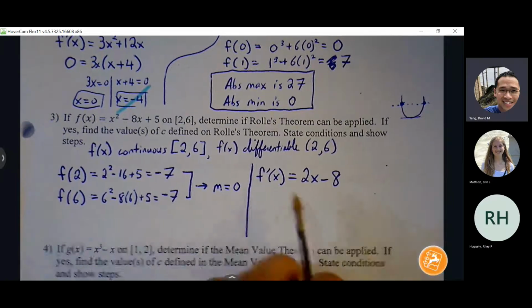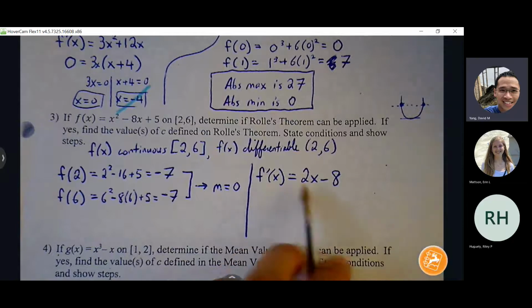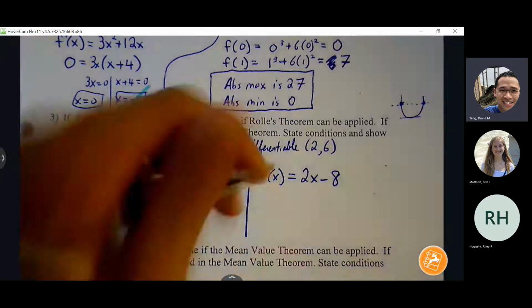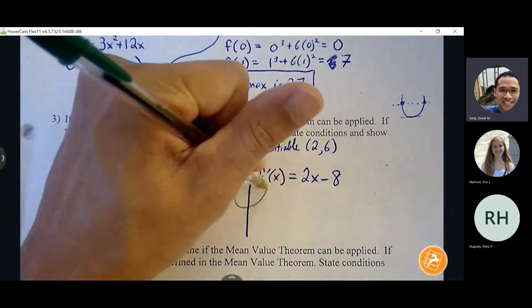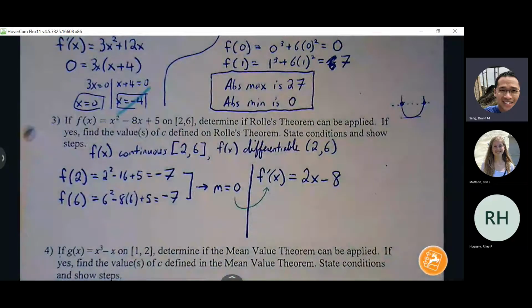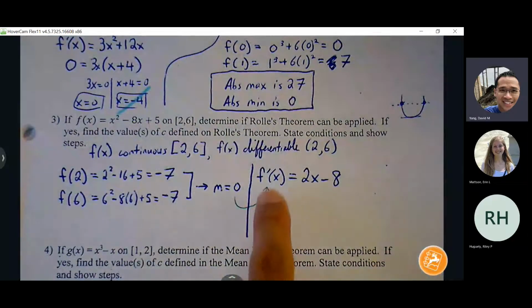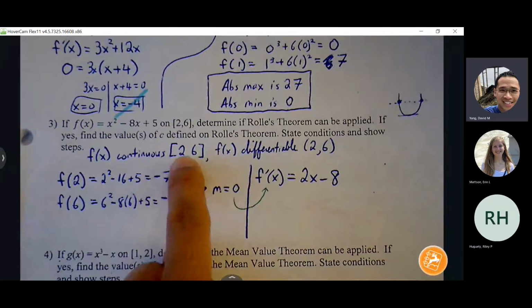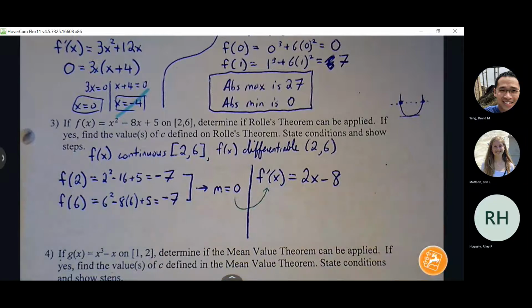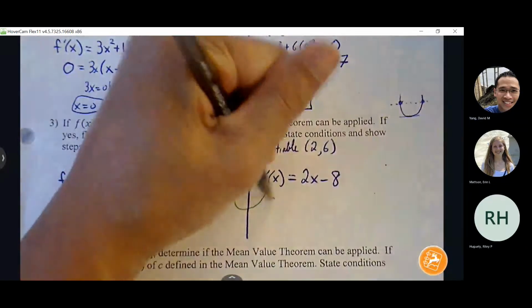That 0 is going to go in for the slope slot and not for the x slot, right? That's a mismatch. We want that 0 to be here. So we're going to ask the derivative to tell us where on the curve there is a slope 0, because I know there's a slope 0 between 2 and 6. We've guaranteed it. I'm going to look for that location.